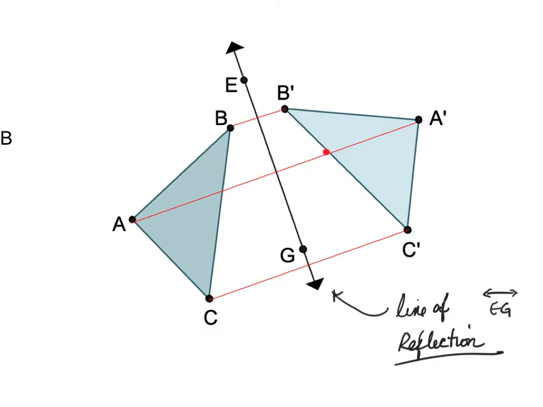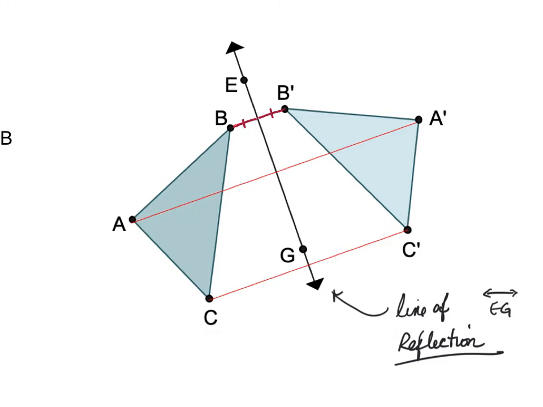It looks like A is being reflected over the line of reflection to A prime, B is being reflected over to B prime, and C is being reflected over to C prime. And some of the characteristics that we see: the distance between B and my line of reflection and B prime and my line of reflection are going to be the same length, because it's a mirror image.